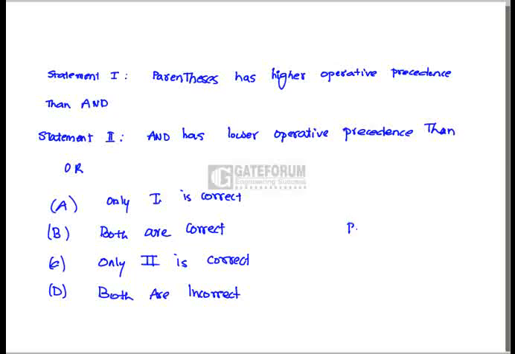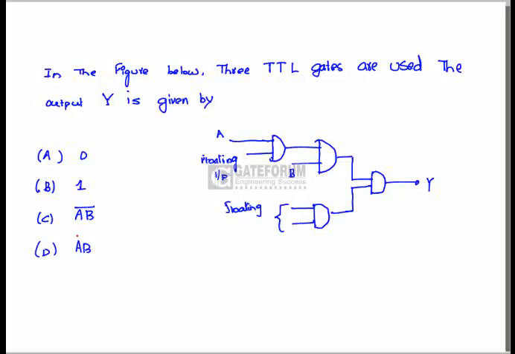Parenthesis has higher precedence than AND, then OR. In this way, the precedences of the operators are considered. Hence, statement 1 is the only correct statement. Statement 2 is the wrong one. Hence, only option A is correct.